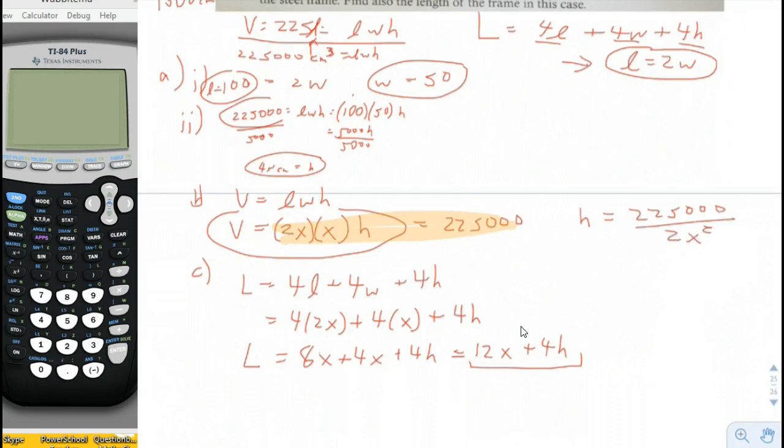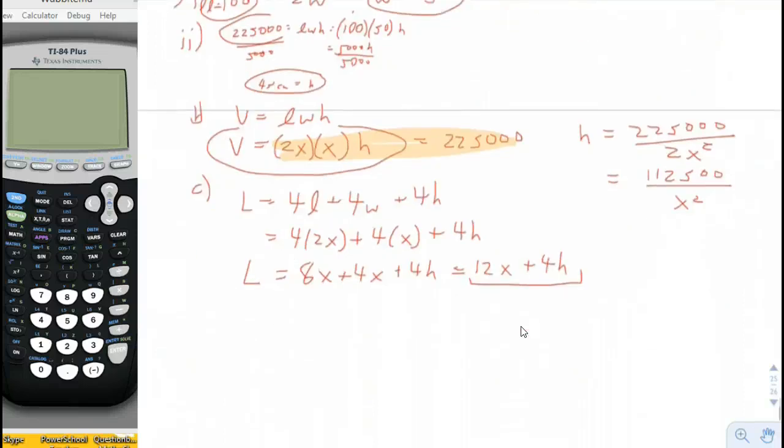So h is equal to 112,500 divided by x squared. So why don't we substitute this in for that h there? So we get length equals 12x plus 4 times 112,500 over x squared.